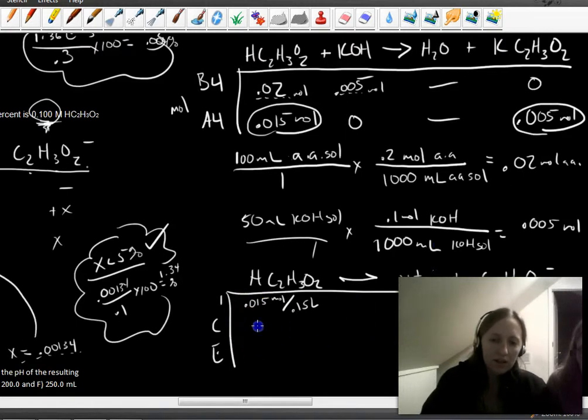And this ends up losing some x, this is gaining some x, and this is gaining some x. When you divide this out, 0.015 divided by 0.15, that's 0.1 minus x, and this is x, and 5 out of 15 is a third, so this ends up being 0.0333, etc., plus x.